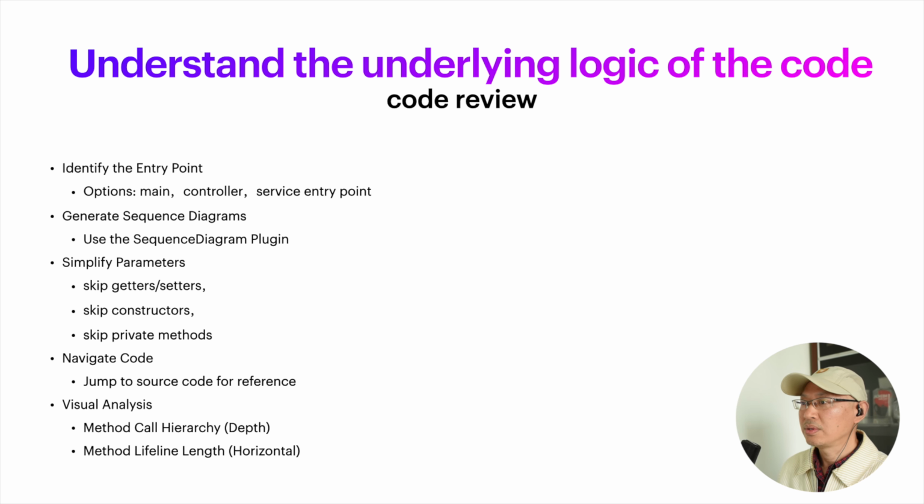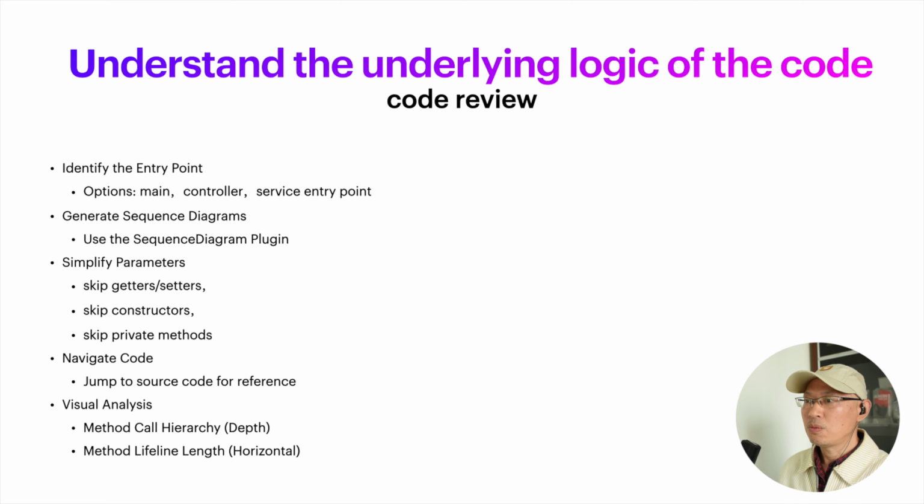Let's wrap up with a summary. How do you make code reviews simple and efficient and uncover the logic behind the code? First, pick the right starting point. Sure, you can generate a diagram from any method, but choosing where to start really matters.